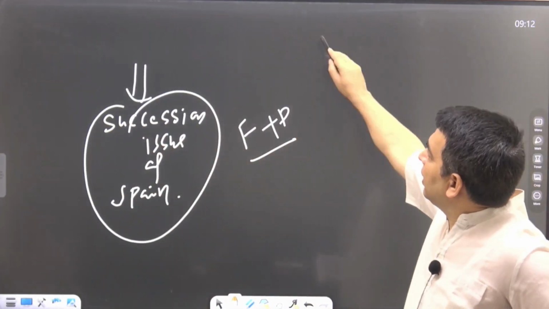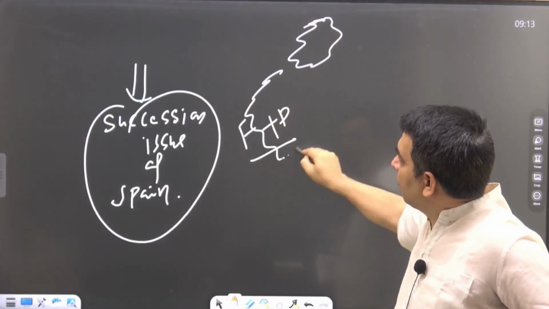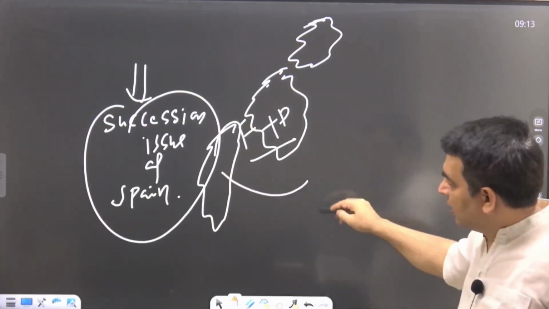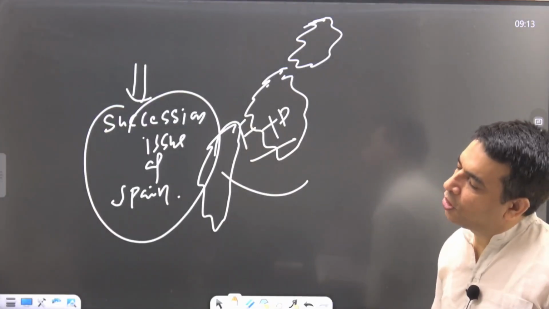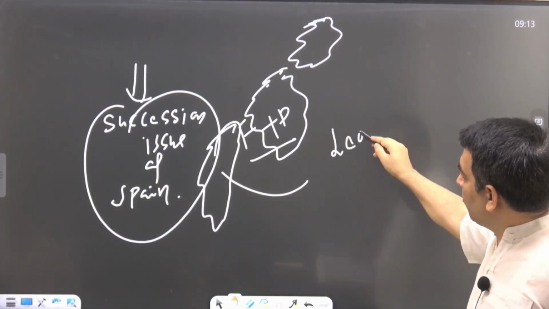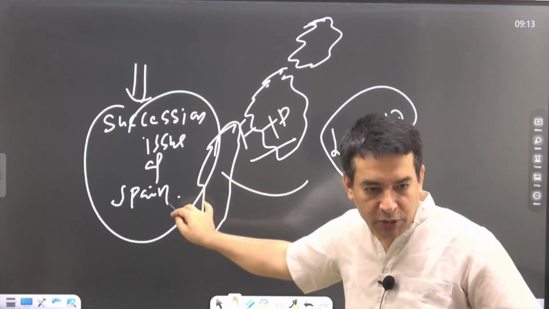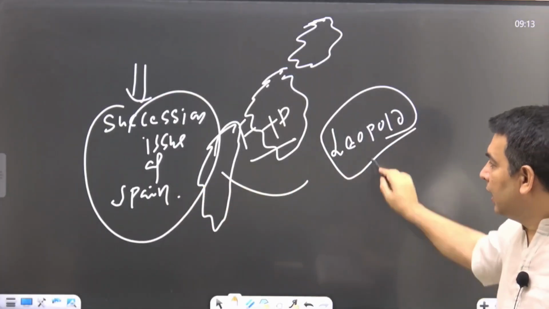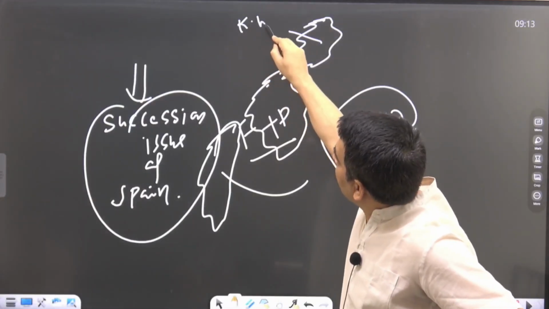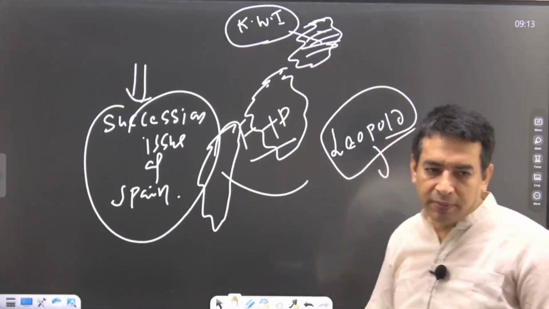So you see that this is Germany, this is France and Spain. In Spain, a new king was to be installed, and one claimant was Leopold. Leopold was one claimant to the throne of Spain. This Leopold was a distant relative of Kaiser William I, king of Prussia.